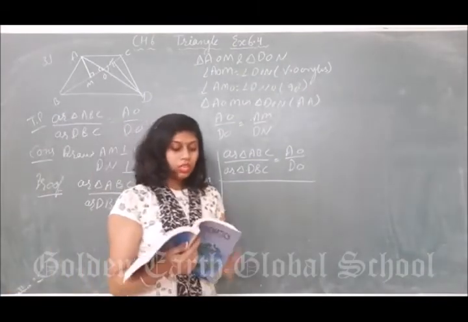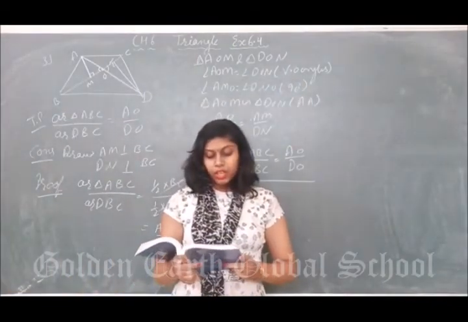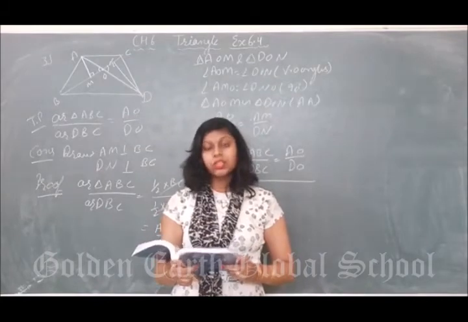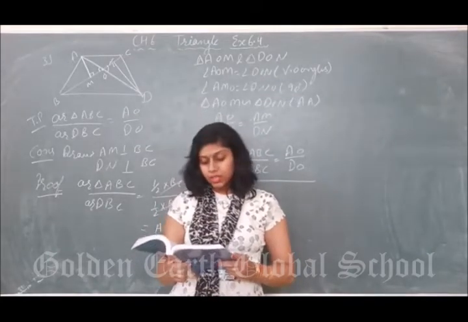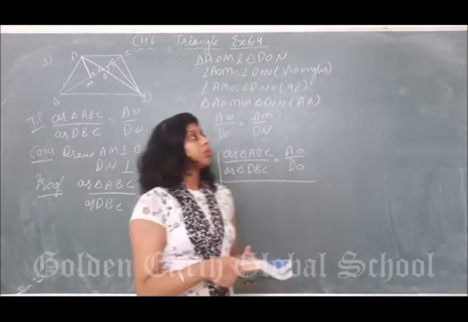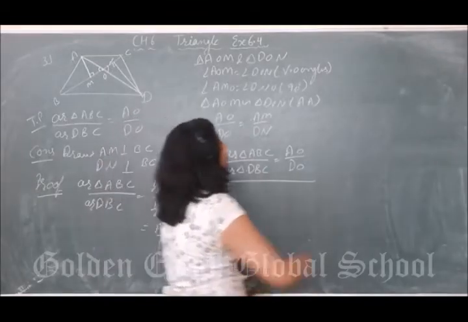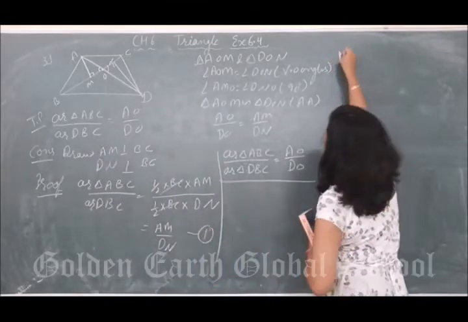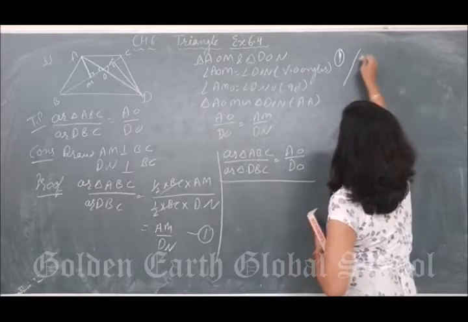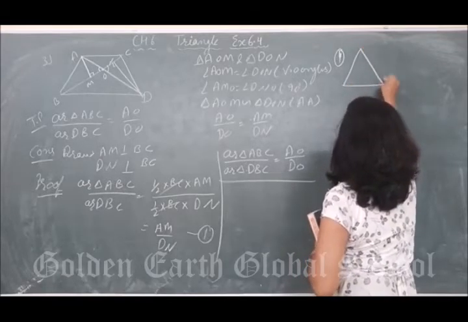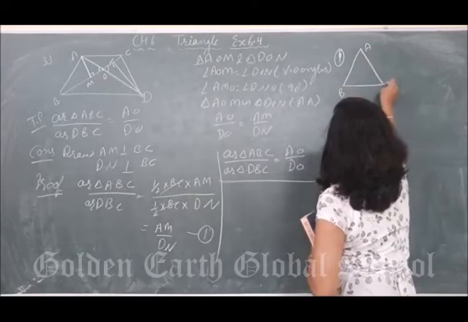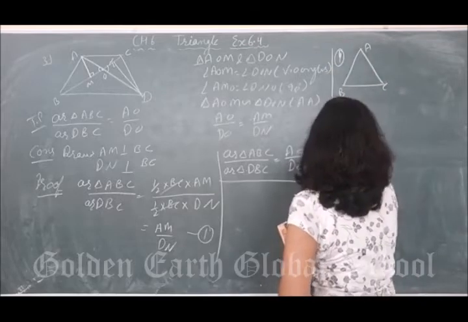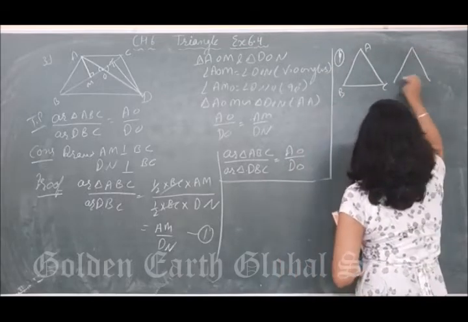Next, question number 4. If the areas of two similar triangles are equal, it is given, prove that they are congruent. Fourth question. These are the two triangles ABC and PQR.